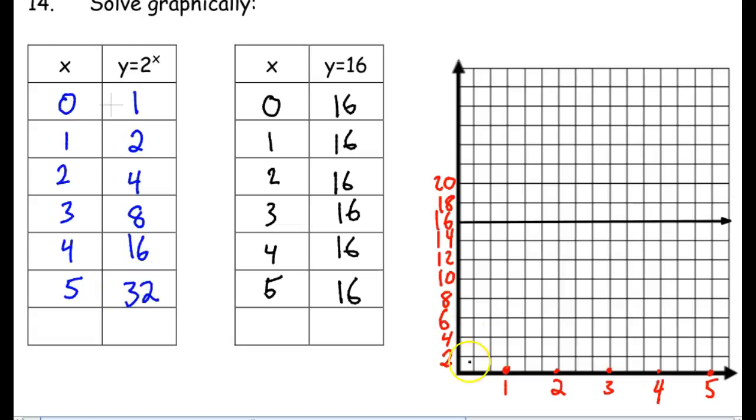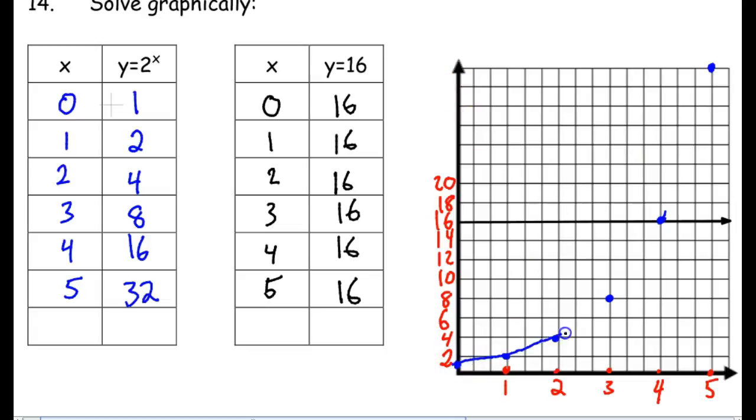And we graph this one: 0, 1, there, 1, 2, 2, comma 4, 3, comma 8, 4, comma 16, and then 5, comma 32. So that would actually go all the way up to here. That would be 32.